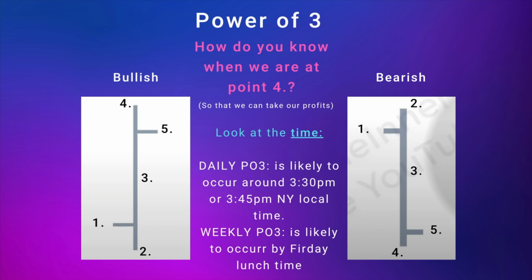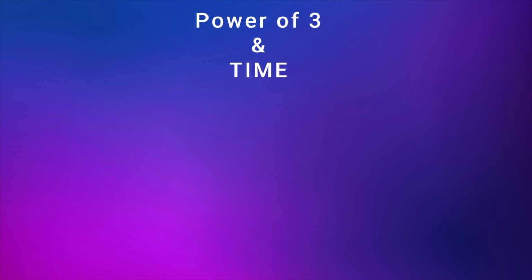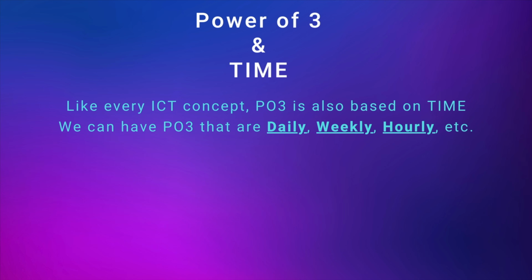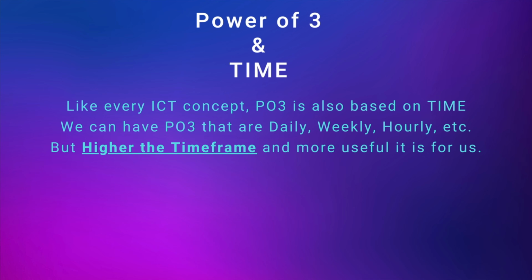So guys, you know that I'm a big fan of time, and power of 3 is still connected to time, as every other ICT concept, because all of the ICT concepts are somehow based on and connected with time. We can have powers of 3 that are daily, weekly, even hourly. But the higher the time frame, the more useful it is for us.